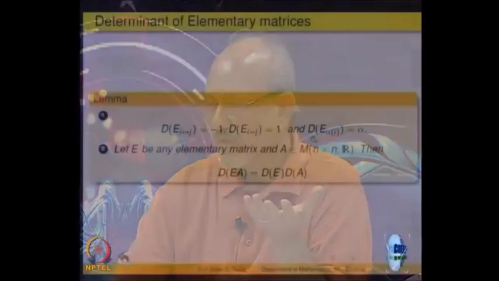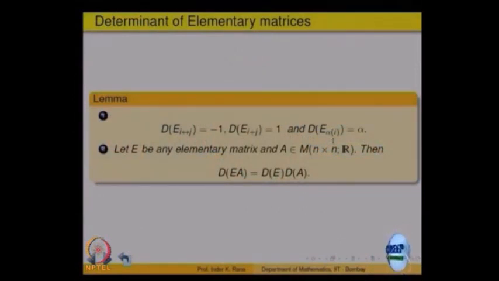So that is the same as the determinant of the identity matrix, which is 1. What about alpha times row i? That is linearity: when you multiply a particular row by alpha, alpha comes out. So the determinant of the elementary matrix which multiplies the ith row by alpha is just alpha.